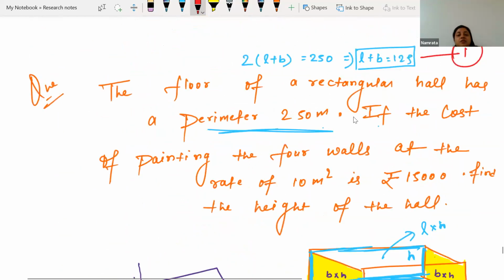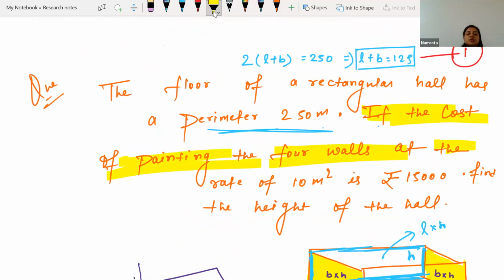Now the question says, if the cost of painting the 4 walls at the rate of, let me check, rupees 10 per meter square. Yeah, rupees 10 was given.